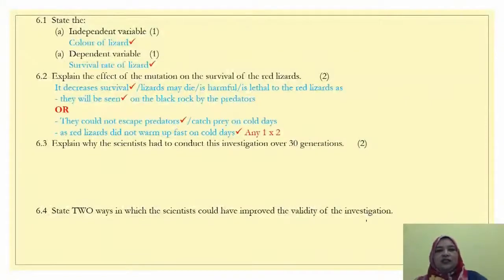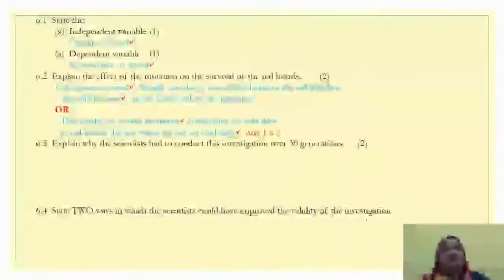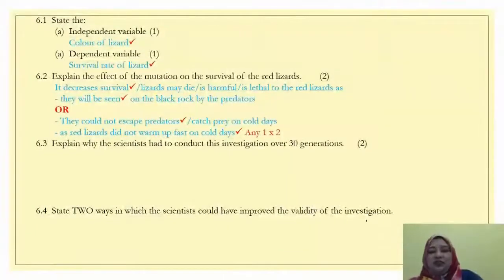So in order for us to make sure that that is the actual result, we repeat the investigation several times. So repeat, reliable, if you want to remember the two. Yes, PD, it makes it a trustworthy outcome by repeating the experiment.